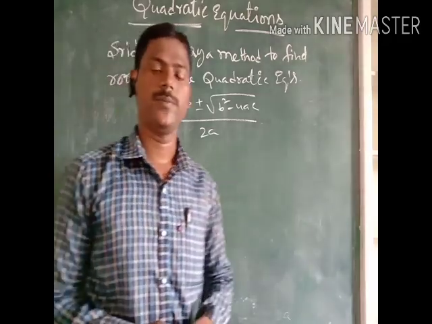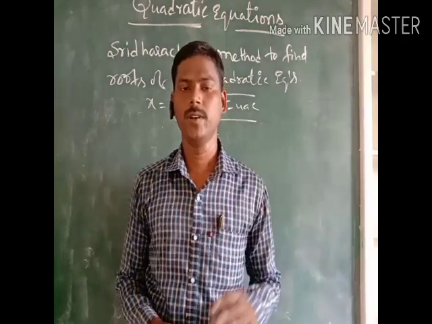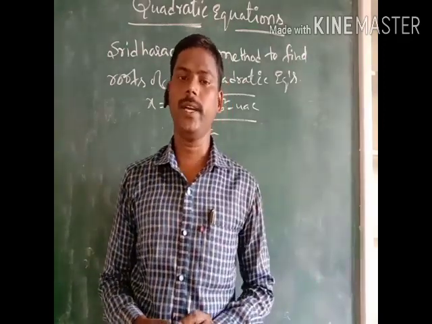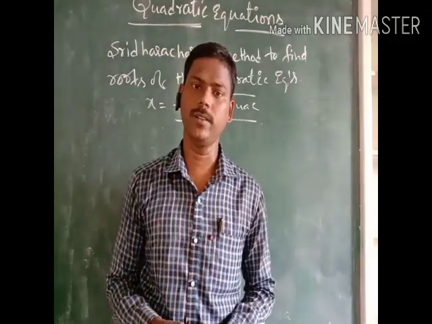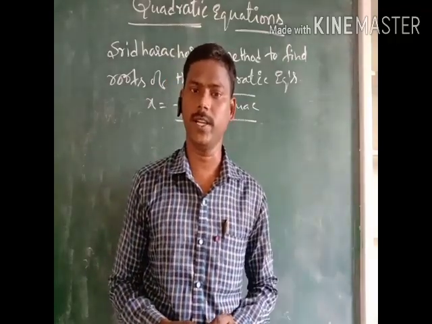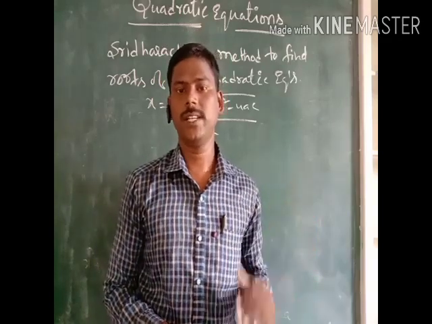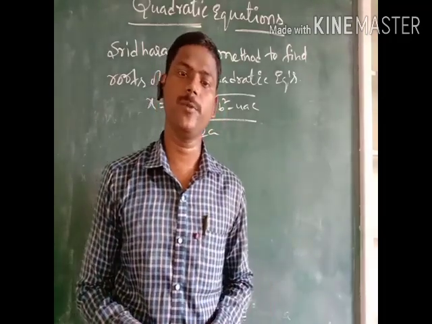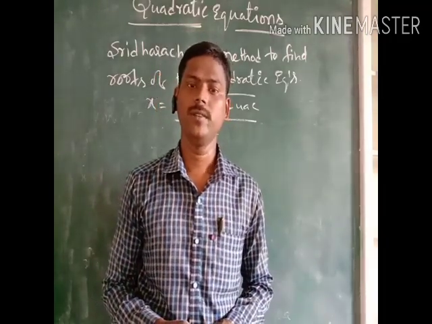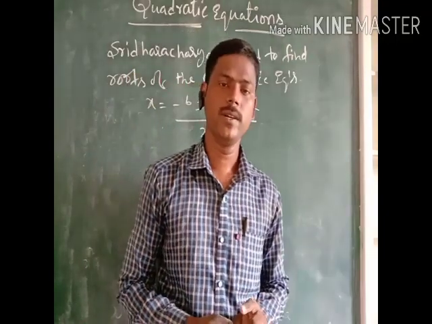Do you understand, children? What are the roots of the quadratic equation? How to simplify? If ax² + bx + c = 0 is a quadratic equation where a, b, c are constants and a is not equal to 0, then move c to the other side, it becomes minus c, then divide each term by a. Then x² + b/a x = minus c by a.